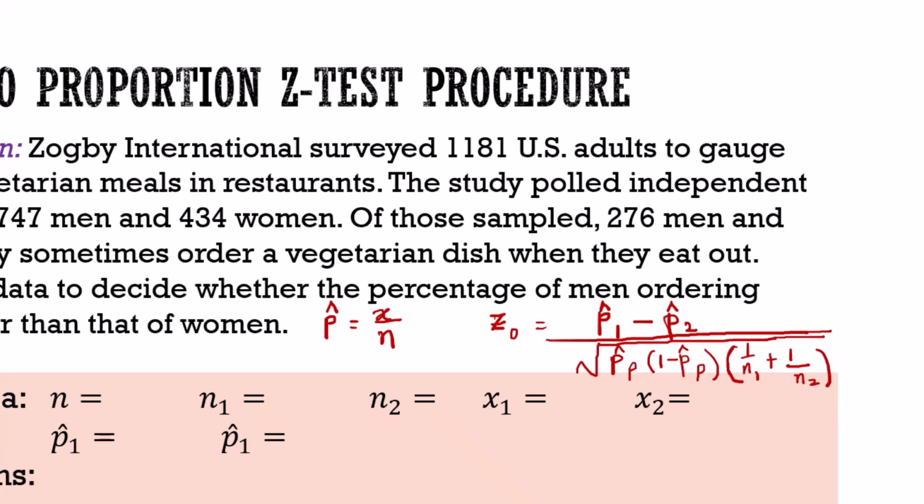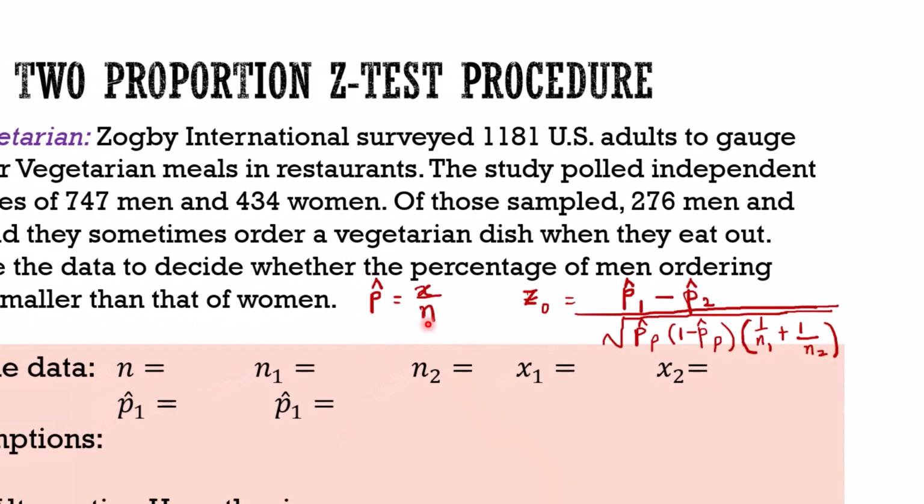We need to know what n is. We need to know what x is. And then to calculate P hat sub 1, we will of course need to know what n sub 1 is, n sub 2 is, x sub 1 is, x sub 2 is, right? So what is n? N without a subscript means the entire sample, men and women put together, and that's 1,181. So let's write that here.